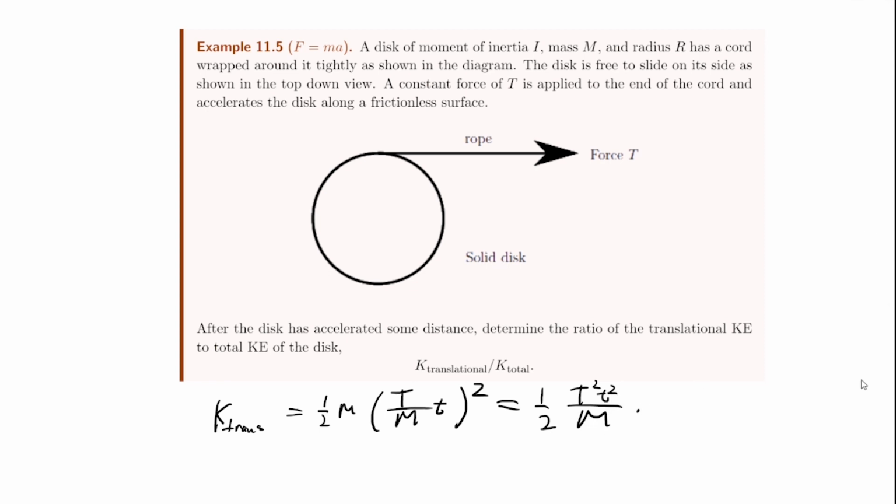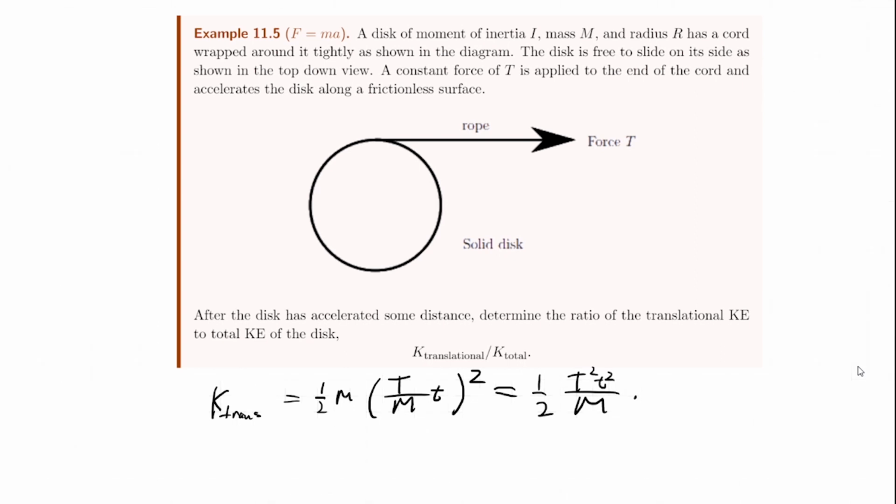Alright, and now what about the rotational kinetic energy? Well, we can use the force and torque equation here. With radius r, the torque is equal to T times r, which is equal to I alpha, and in this case, I is just given to us.